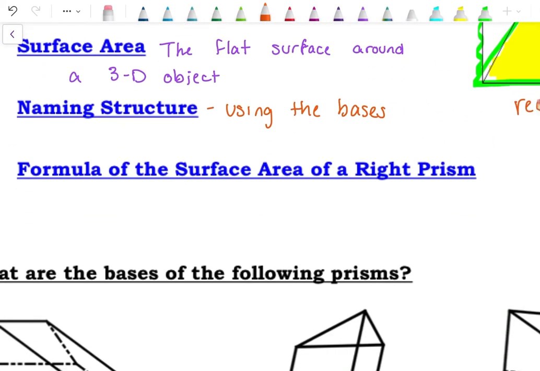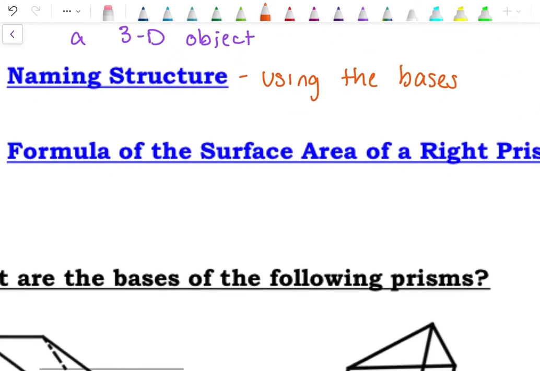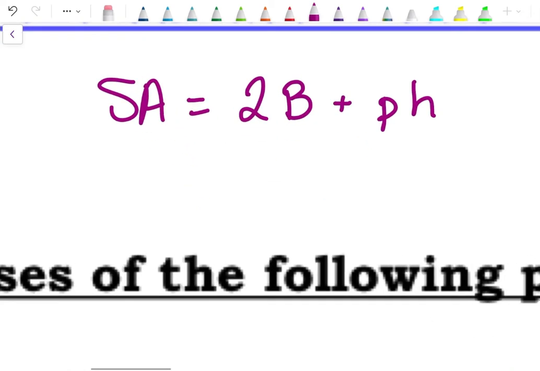The formula for surface area of a right prism is surface area is equal to the area of the bases times 2 plus PH. Now we'll get to P and H in a second. So B, again, this is going to be the area of the base, just like it was when we were dealing with day 1, with volume of different kinds of prisms.